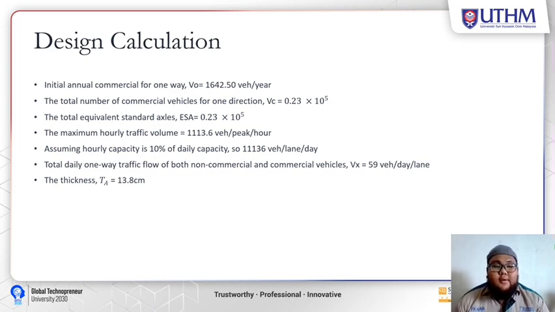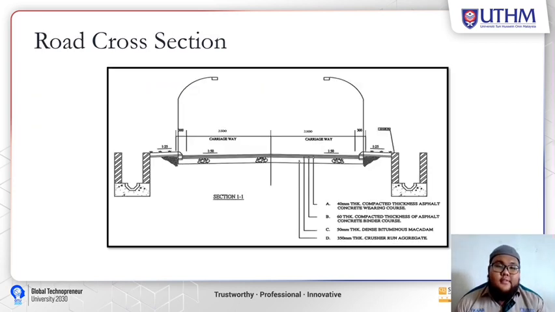The maximum hourly traffic volume is 1113.6 vehicles per peak per hour. Assuming hourly capacity is 10% of daily capacity, it is 11,136 vehicles per lane per day. And total daily one-way traffic flow of both non-commercial and commercial vehicles is 59 vehicles per day per lane, and the thickness is 13.8 centimeters.